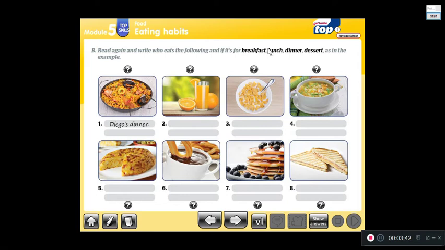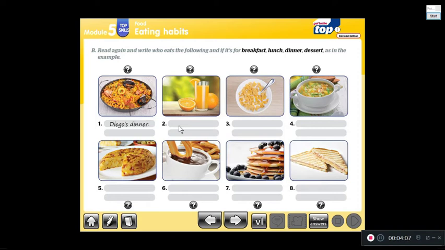So this is gonna be Tonia's breakfast. Recordemos que el apóstrofe hace una referencia al de, ¿ok? El de. Y se lee en viceversa. La cena de Diego. Si queremos hablar del desayuno de Tonia, mencionaremos primero a Tonia. Siempre se menciona primero a la persona la cual es dueño del objeto.